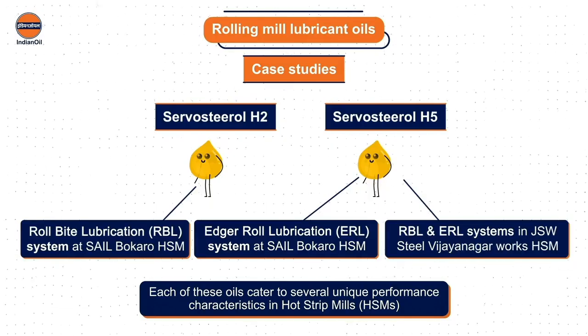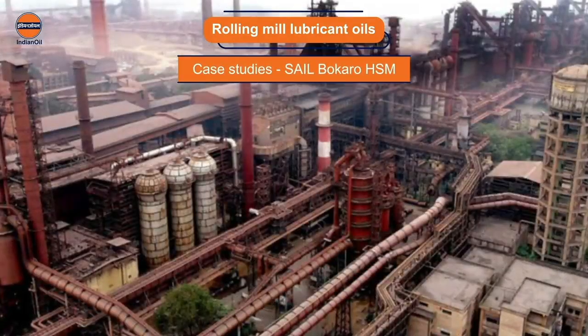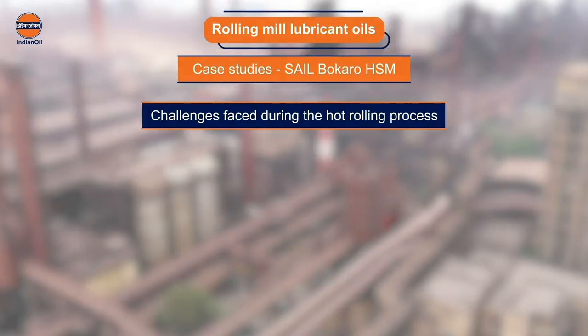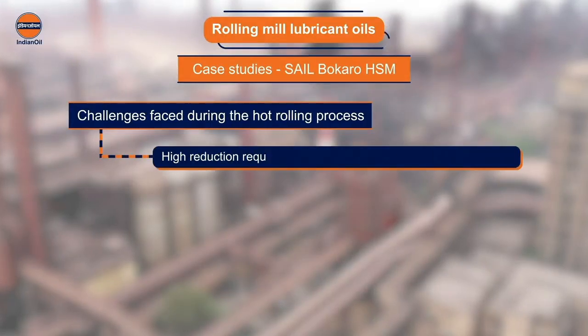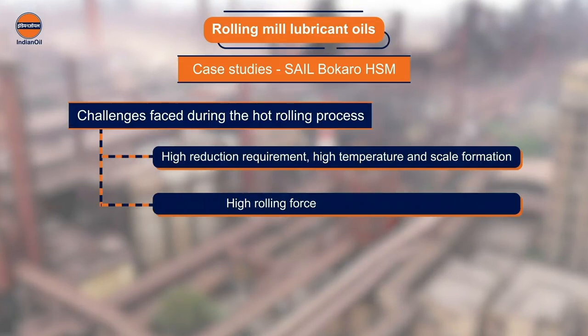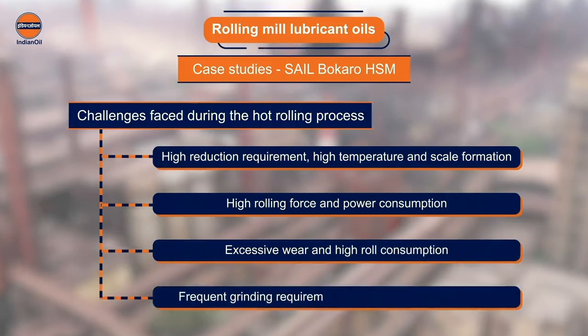First are the case studies conducted at the SAIL Bokaro HSM. The challenges faced during the hot rolling process of steel at Bokaro were high reduction requirement, high temperature and scale formation, high rolling force and power consumption, excessive wear and high roll consumption, frequent grinding requirement, more maintenance and cost.